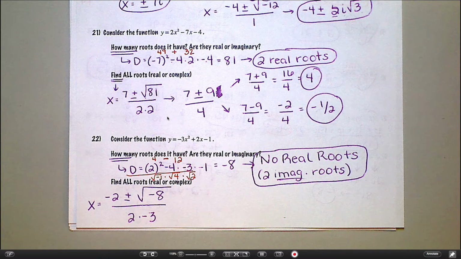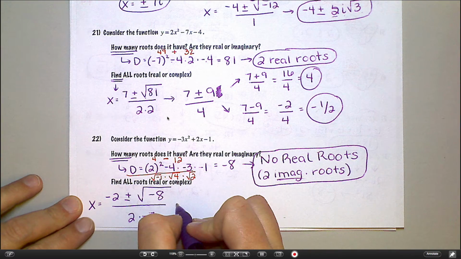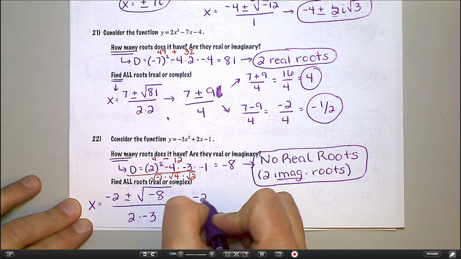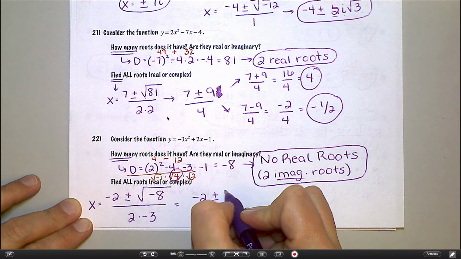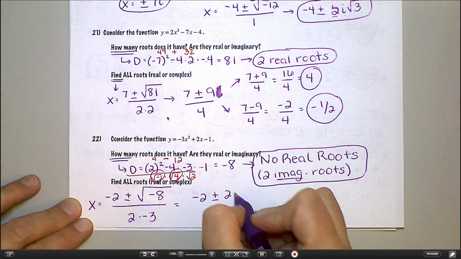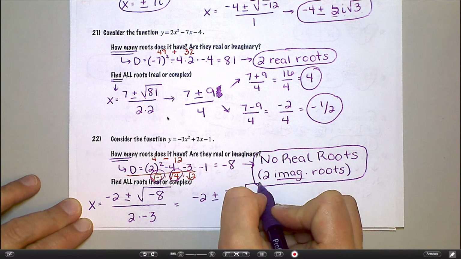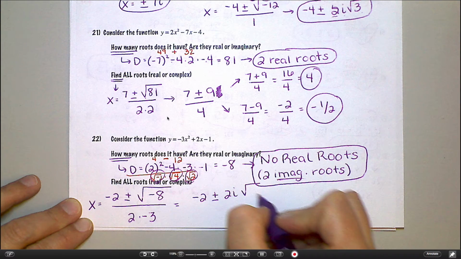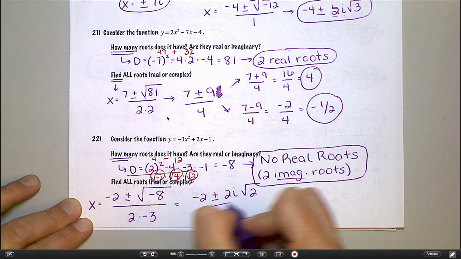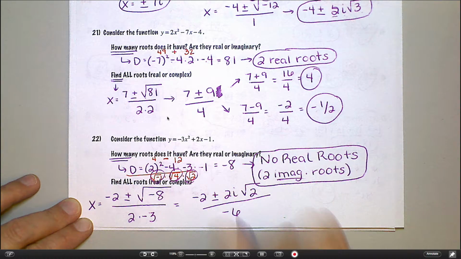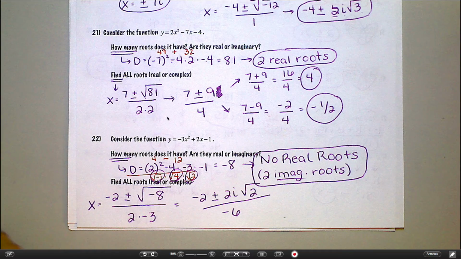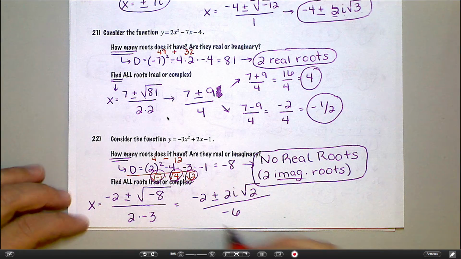So I'm left with negative 2 plus or minus 2i square root of 2 over, what do I have here? Negative 6.